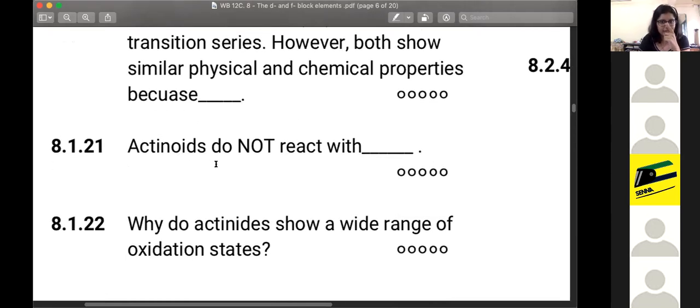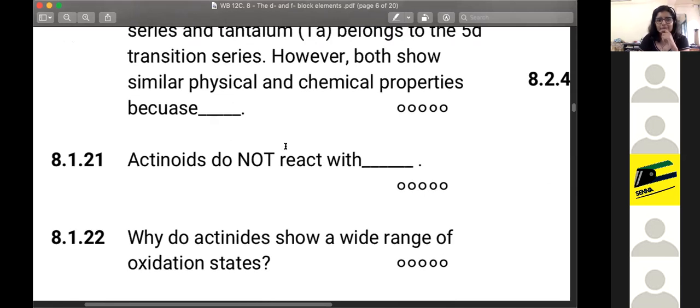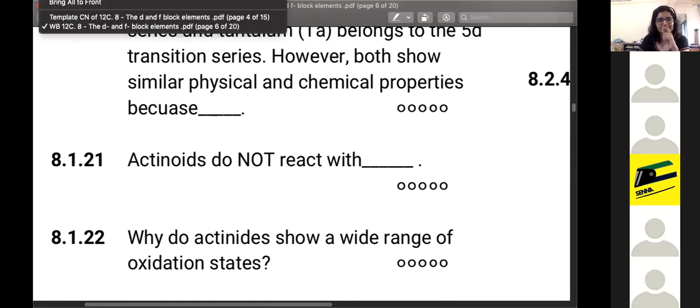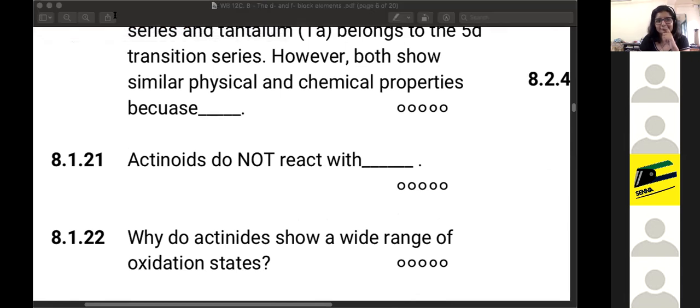Actinoids do not react with what? What do actinoids not react with? Whose turn is it?